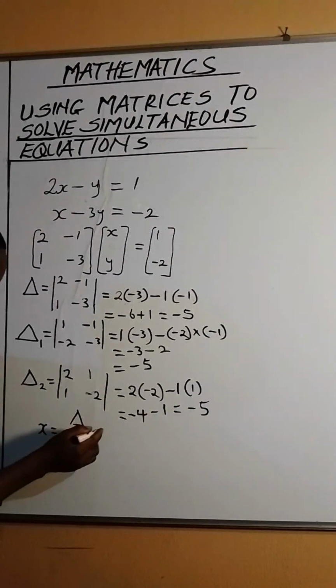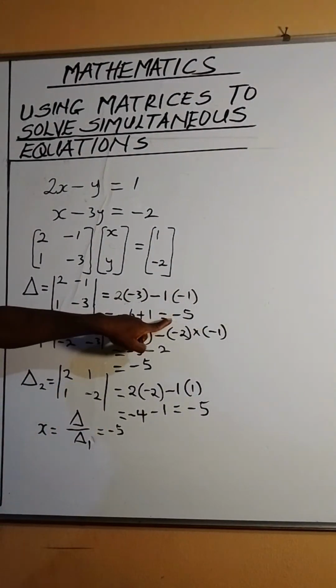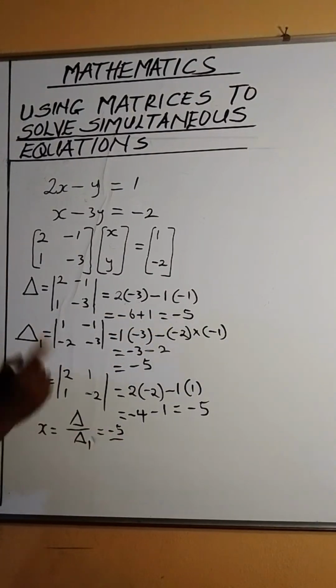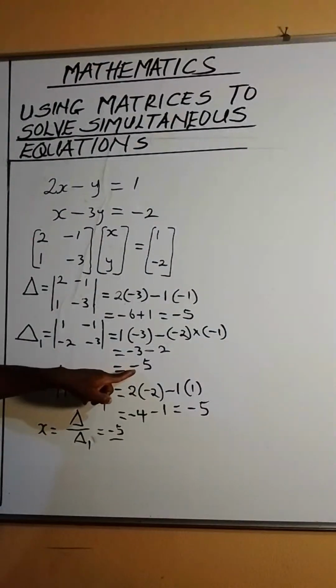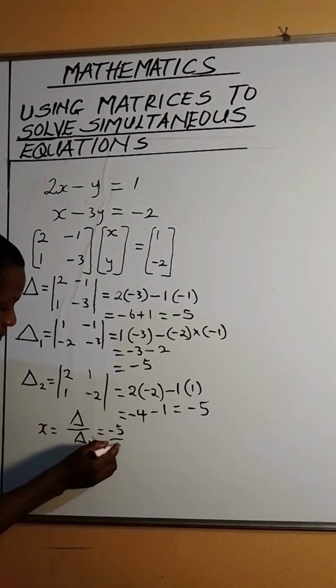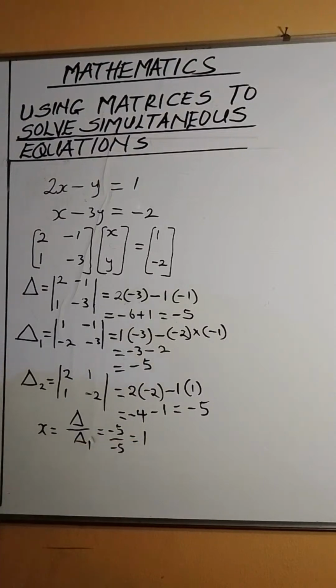That gives us minus 5. Delta is minus 5 divided by delta 1. Okay, delta 1 is minus 5 too. So we write minus 5. And that gives us 1. Our x is 1. Then what is our y? Same thing.